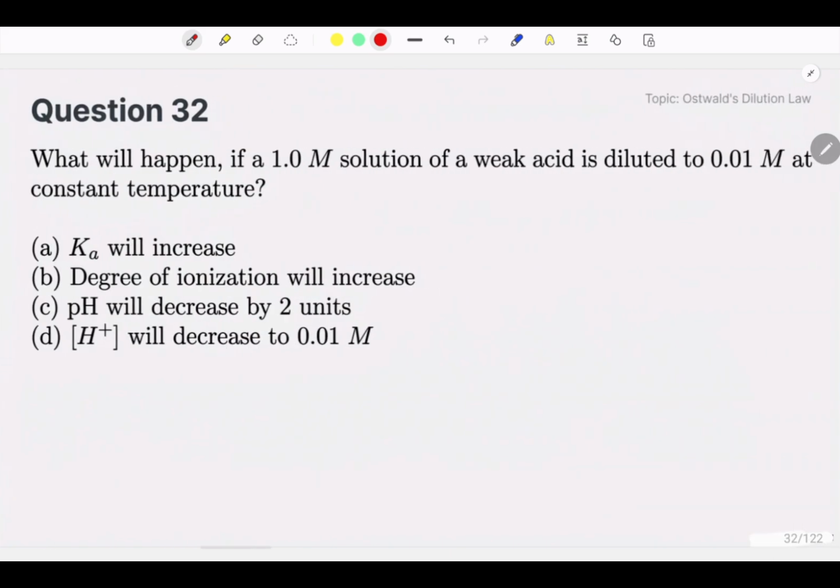Now the next question, number 32. What will happen if a 1 molar solution of a weak acid is diluted to 0.01 molar at constant temperature?